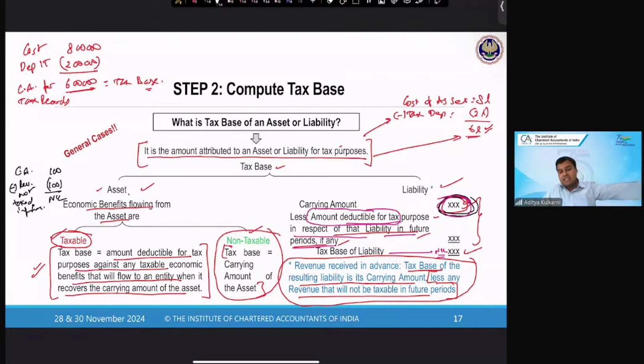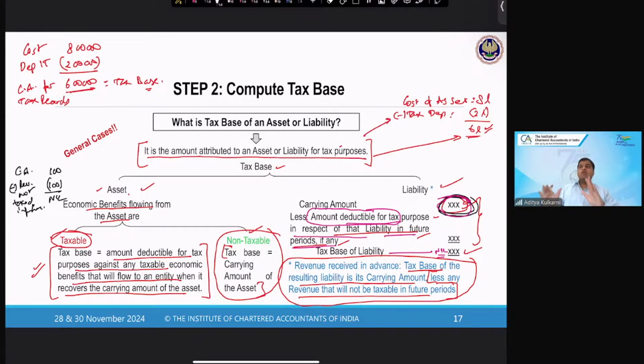Will it be taxable in the future? Answer is no. It is already taxed when it got received. So the entire 100 is not taxable in the future because it is taxable now. So 100 minus 100, your tax base becomes 0. Are you able to understand this? Prashant, Geeta, Anushi, all clear? Yes, sir.